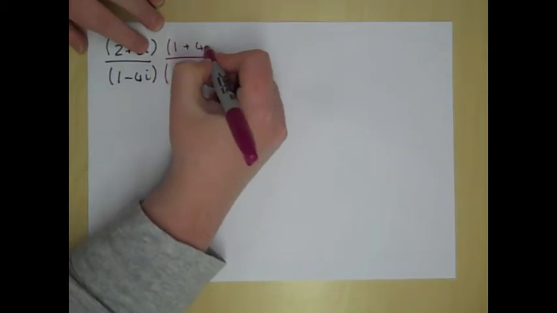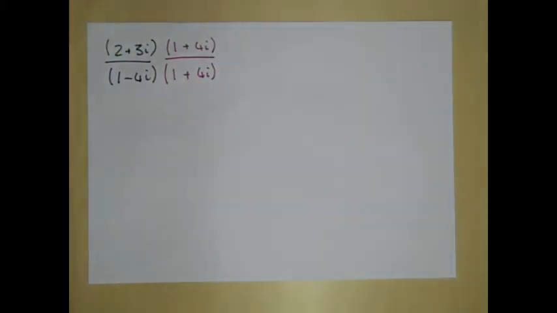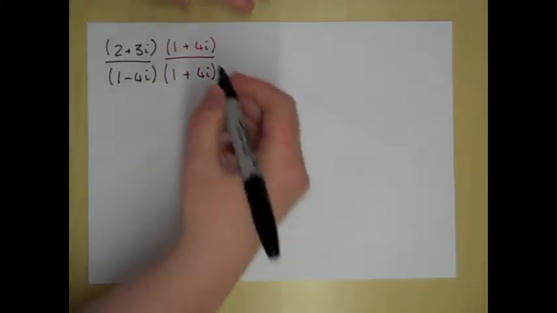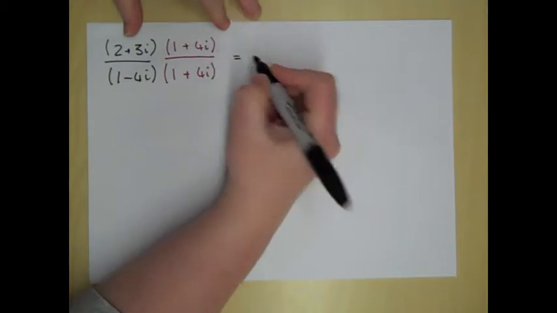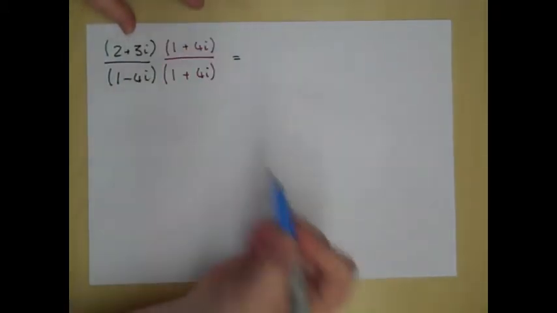So I'm going to multiply top and bottom by the same complex conjugate. If I multiply top and bottom by the same thing, I'm effectively multiplying by 1, and that's perfectly allowed. There's no problem with that. So to evaluate this, I just need to multiply out these brackets.